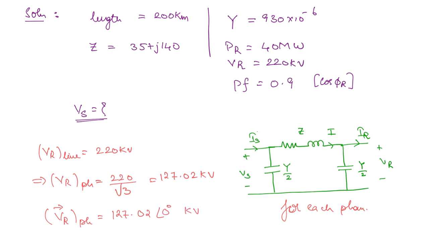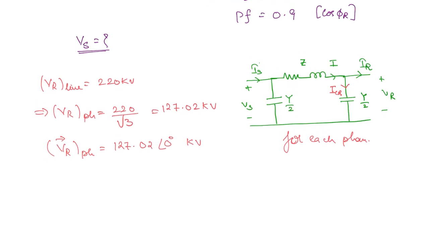Next we can find this charging current at the receiving end side. So what will this be? ICR bar is going to be equal to the voltage across it, VR bar, into the admittance, right? You can write divided by impedance or multiplied by admittance. Here we have admittance, so we will take multiplication with the admittance.